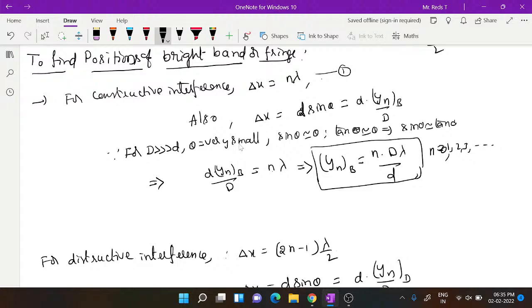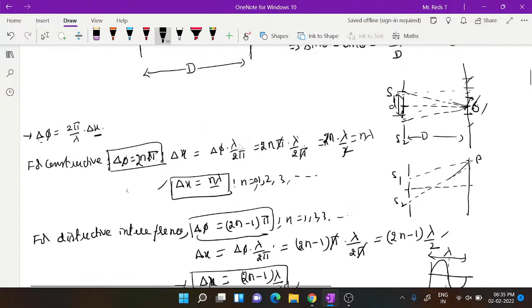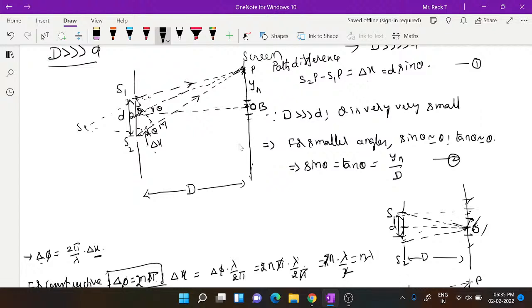Now here this we have already obtained. For small angles, sin theta is approximately equal to theta, tan theta is approximately equal to theta. We can take sin theta equal to tan theta, which we get from triangle OPQ. From triangle OPQ, tan theta is equal to opposite side by adjacent side.